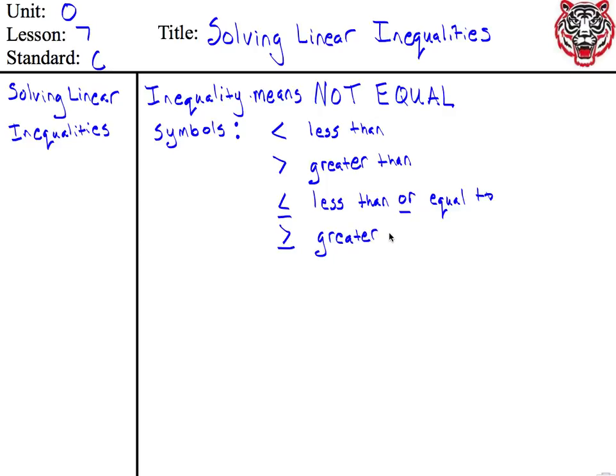Johnny has it. And then the final one that we have is this one. It doesn't equal. You have the general idea. This is just not equal.